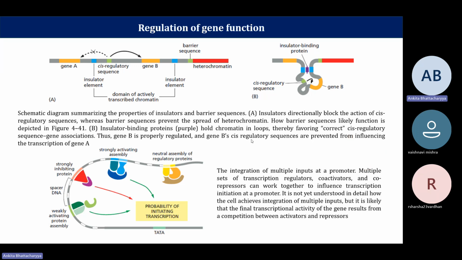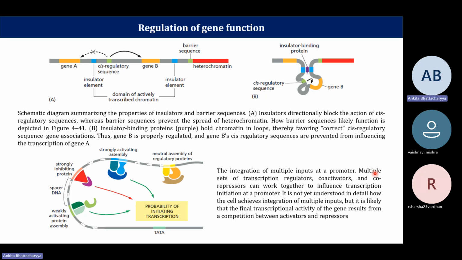So these are some other regulators of gene function that work physiologically under normal circumstances within a cell to control gene expression. In addition, there can be multiple inputs that are functioning at the promoter level as well. What do we mean by that?